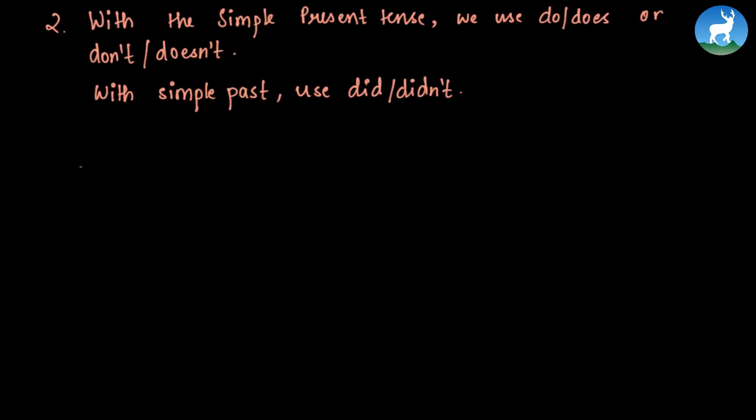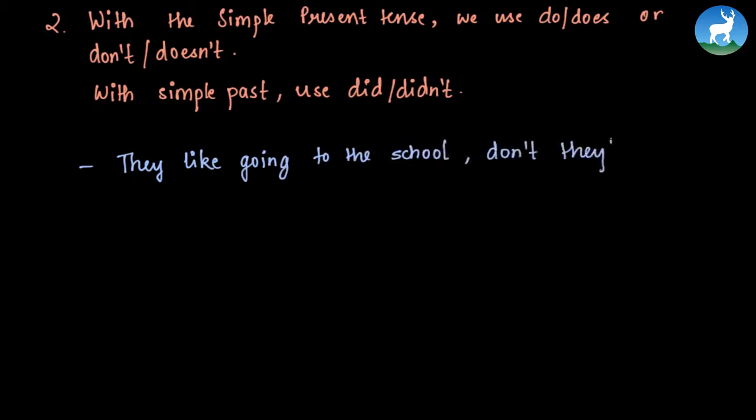For example, they like going to the school, don't they? This statement is in simple present tense and is positive, hence the tag used is don't, which is negative. Do and don't depend upon the subject of a sentence.